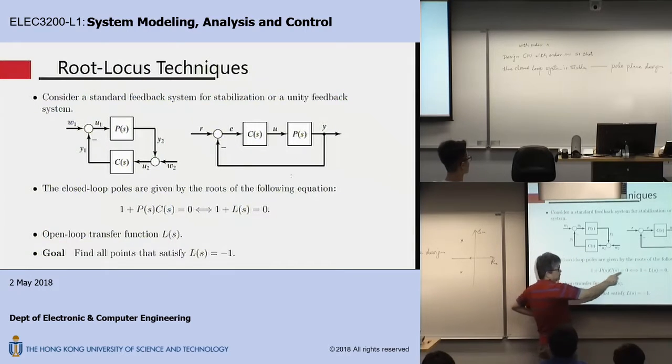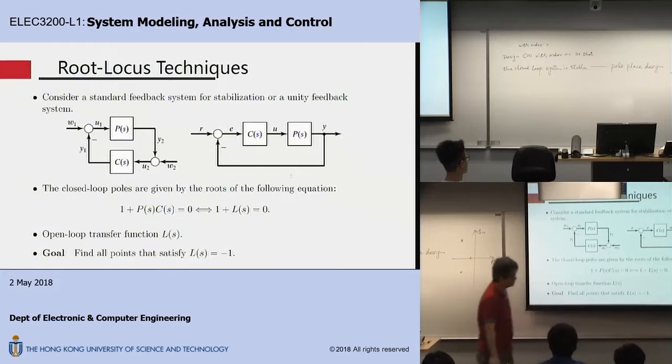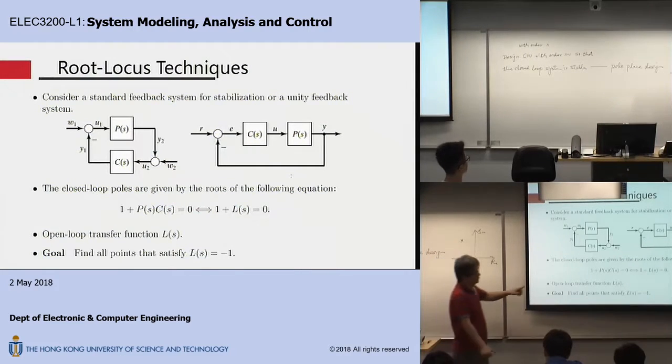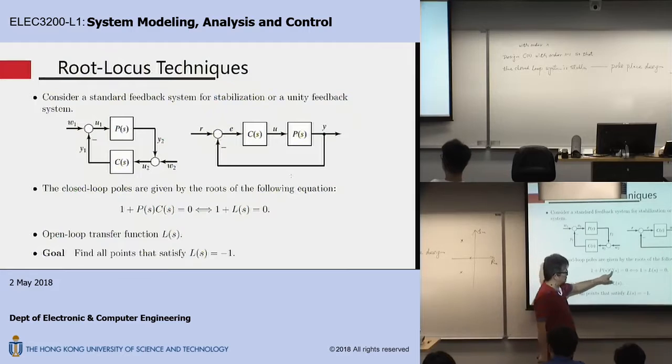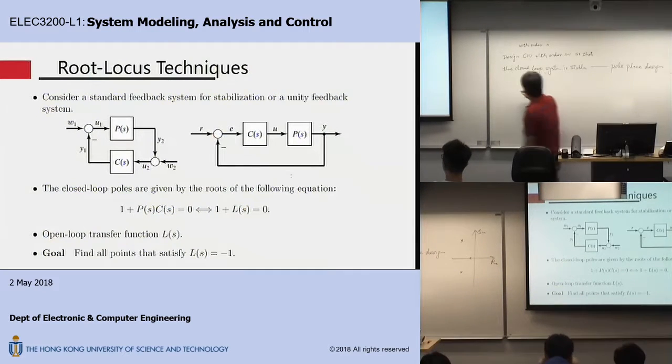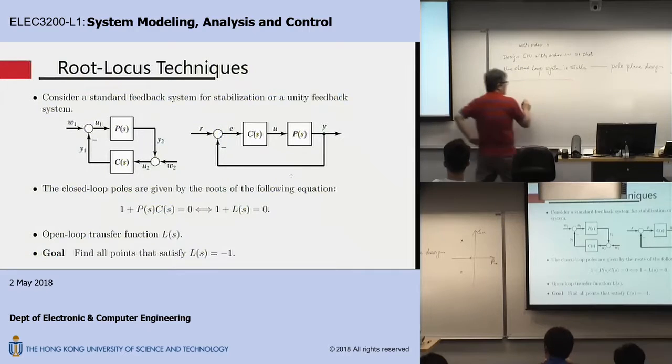That's basically the closed loop characteristic equation, written in not quite a standard way.